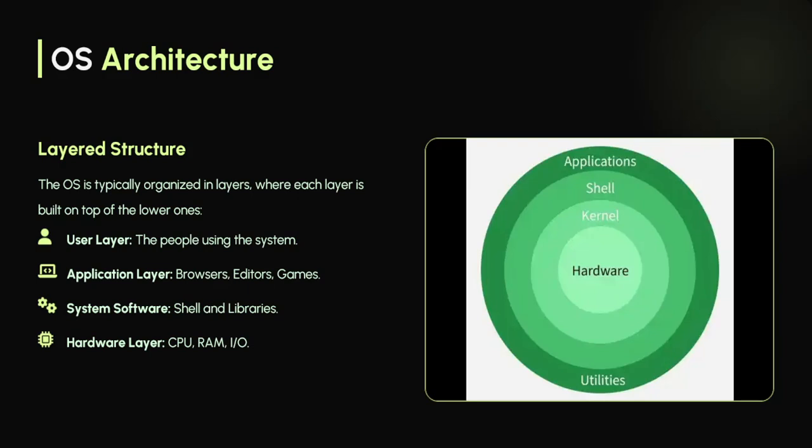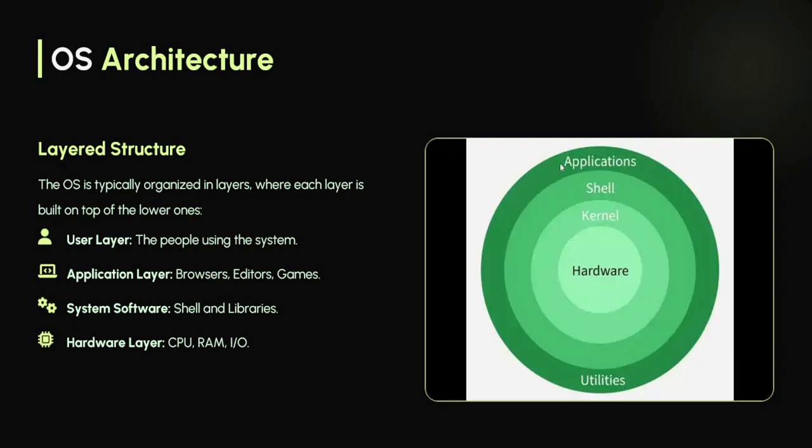So now let us talk about its architecture. You can see here the architecture of the operating system. Here you can see the applications, shell, kernel, hardware and the utilities. In the layered structure, the operating system is typically organized in layers where each layer is built on top of the lower ones.